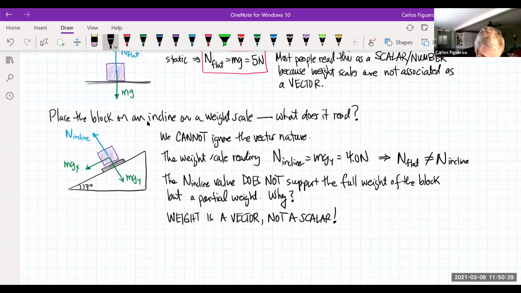So what you're seeing here is this. You're getting part of the weight distributed where? Parallel to the surface.